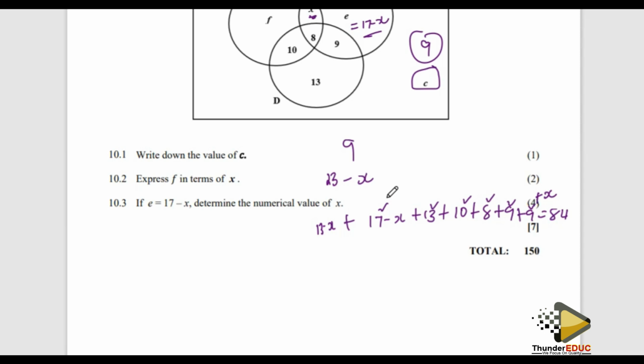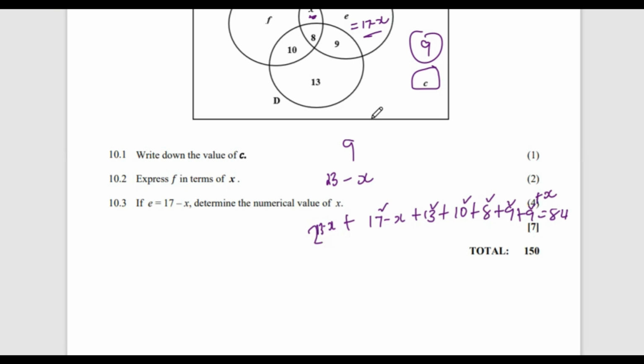So 23 plus 17 plus 13 plus 10 plus 8 plus 9 plus 9.